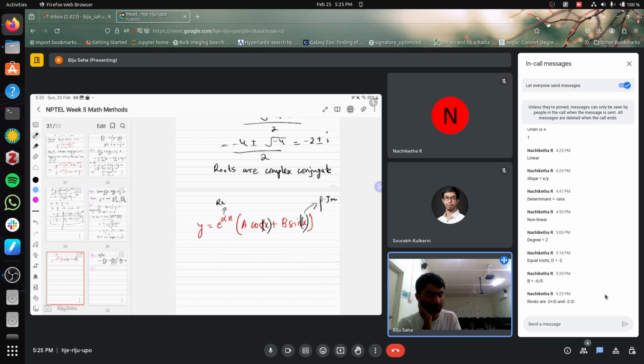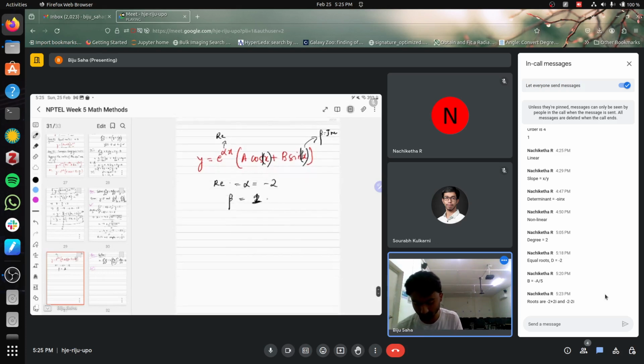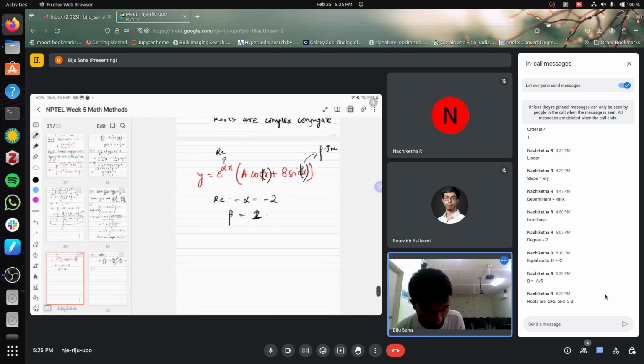So in this case, the real part, that is alpha, is equal to minus 2, and the imaginary part, beta, is equal to 1. So from here we got to know my solution is e to the power of minus 2x.